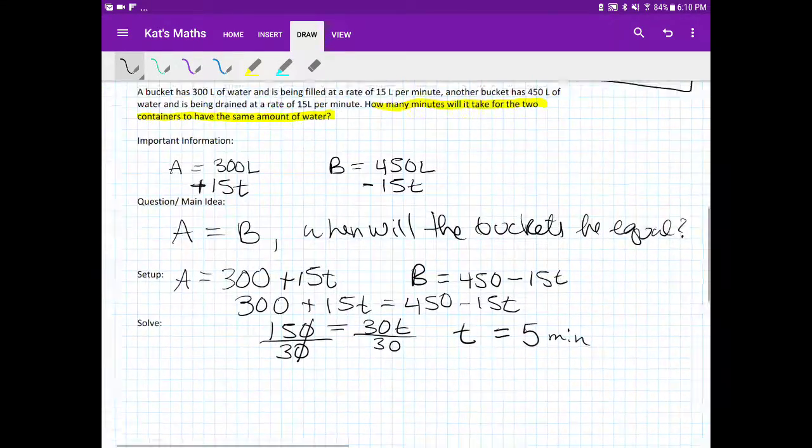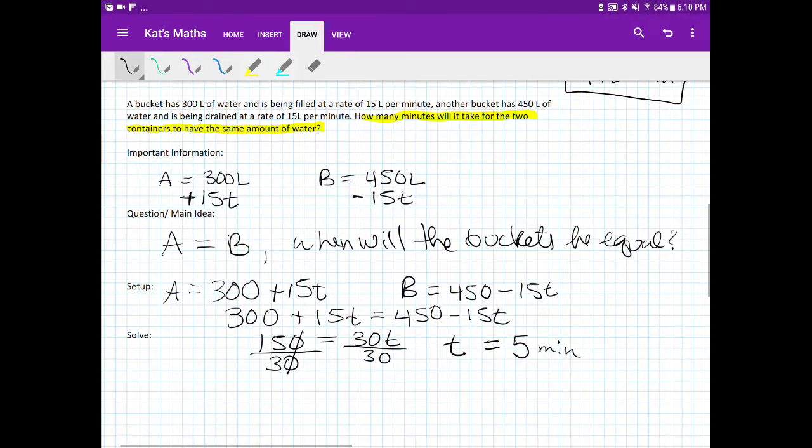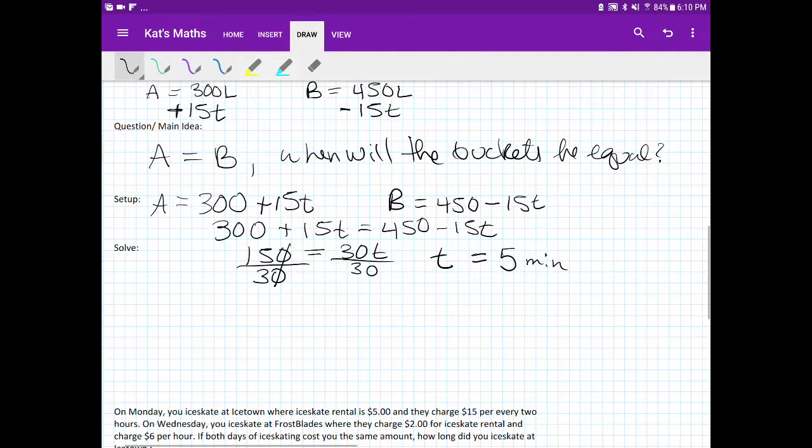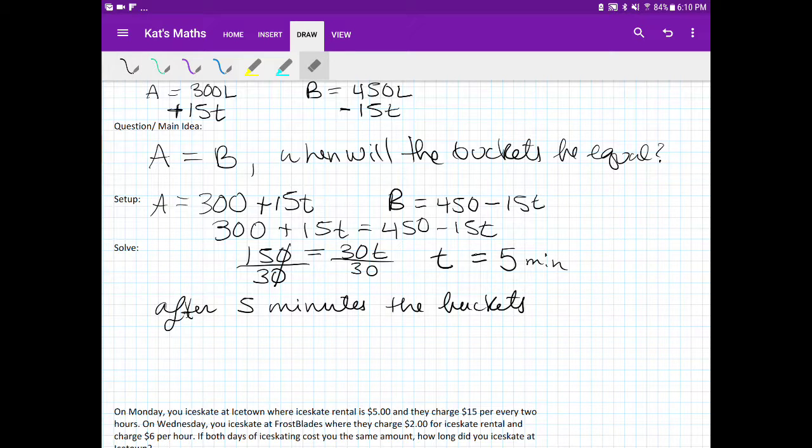And if you want to write that in a sentence, because some of these problems do ask that you write in a complete sentence, you could say, after 5 minutes, the buckets, or actually not after, because they're gaining and losing, right? So at 5 minutes, the buckets will have the same amount of water.